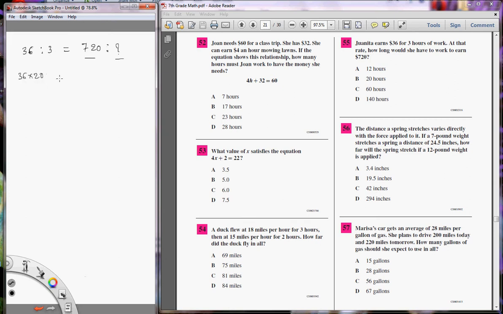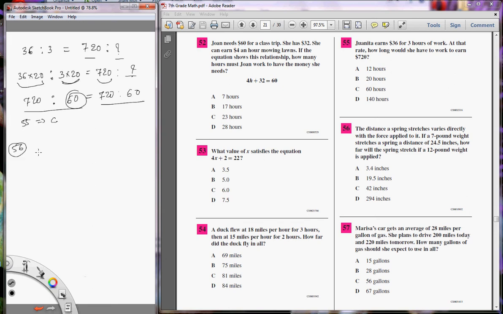If I do 36 times 20 and 3 times 20, it is equal to 720 over the question mark. So 720 matches here, and then 60. So 60 hours is equal to 720, and they both match here. So the answer to question number 55 is C.